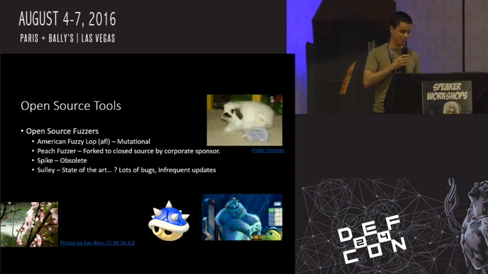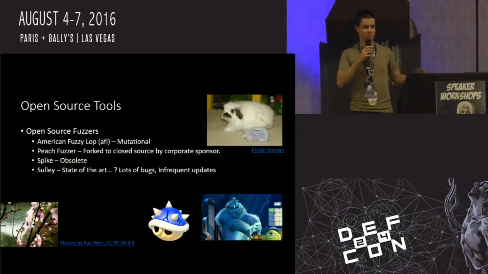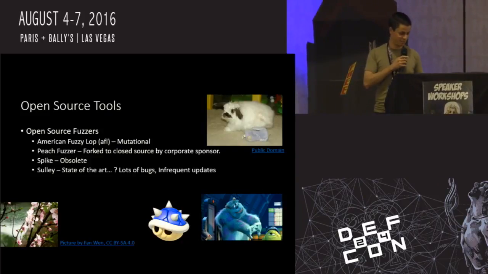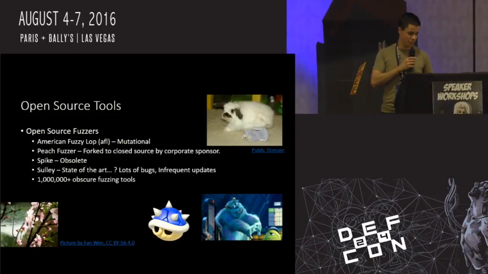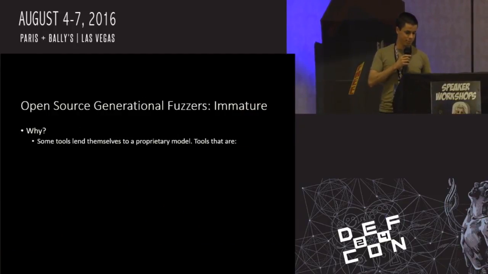Spike was superseded by Sulley, which is kind of state of the art in generational network protocol fuzzers, and maybe you know one that's better and you can come tell me afterwards or in the question time. But in all my research, this was the best one I could find. There was a good talk on it, I think a Black Hat talk from 2007, that'll tell you all about it. And there's a million other tools that nobody else uses.